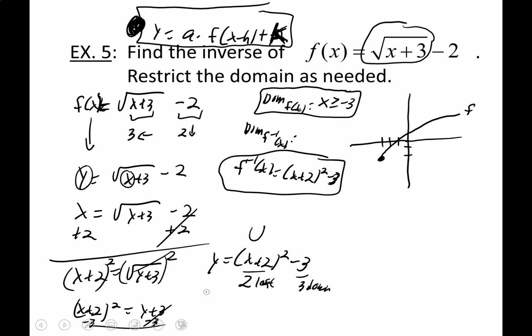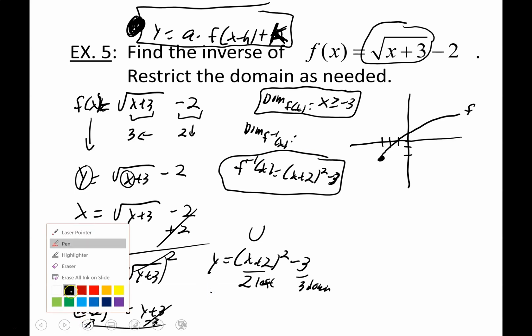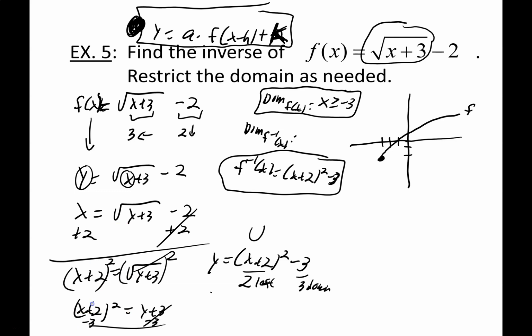Okay, again, let me select a little different color here. To do this, let's go with that blue. So again, we said we're going to go 2 left and 1, 2, 3 up. And there is my f inverse.